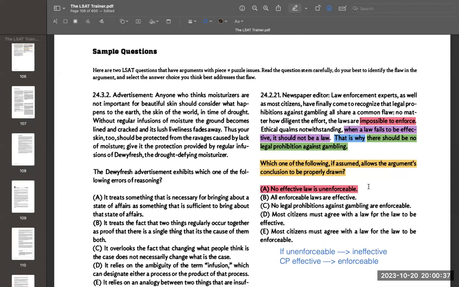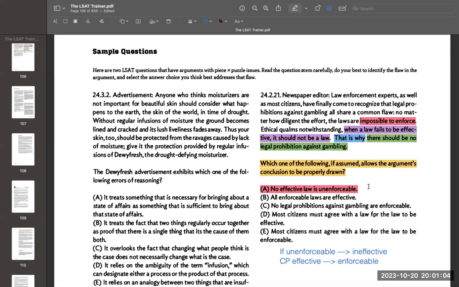But we're going to run into a problem with that, because in this argument, we don't know that this law is ineffective. We know that it's unenforceable. And negating the sufficient condition doesn't actually allow us to draw a conclusion, whereas negating the necessary condition does.